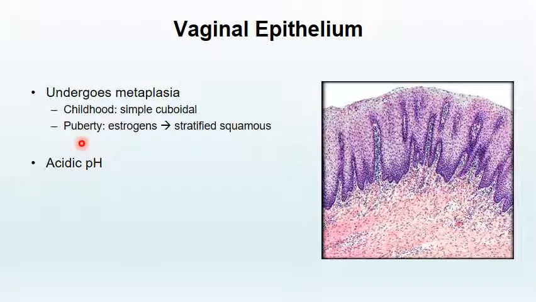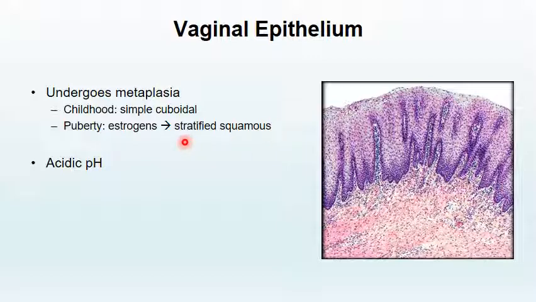After puberty, estrogens are going to stimulate this tissue to change into stratified squamous. So here's stratified squamous epithelium of the vaginal canal, where we have flattened cells and multiple layers. The reason that we see this switch is because around the time that puberty begins is where we would expect, from an evolutionary standpoint, for a female to start engaging in sexual acts.